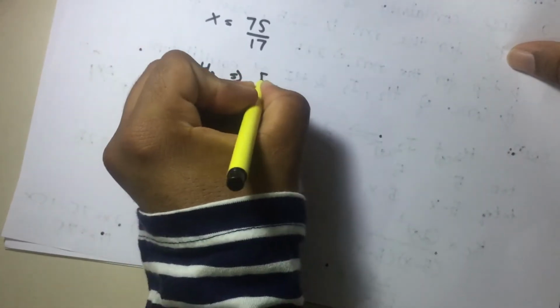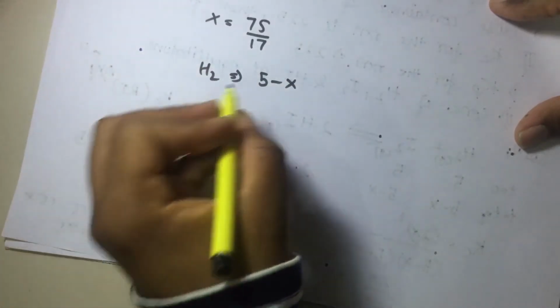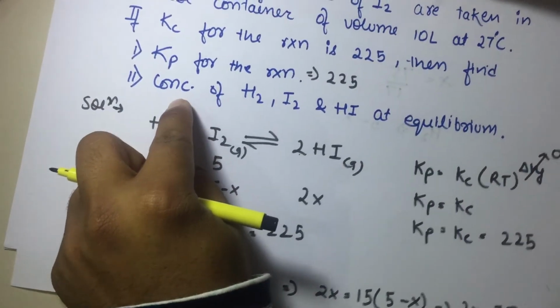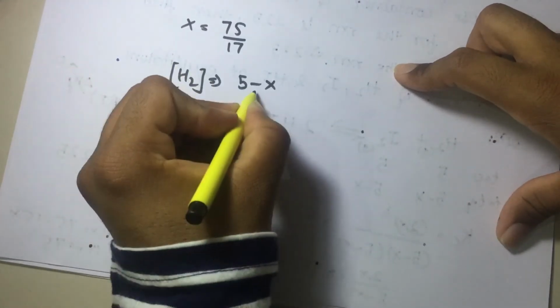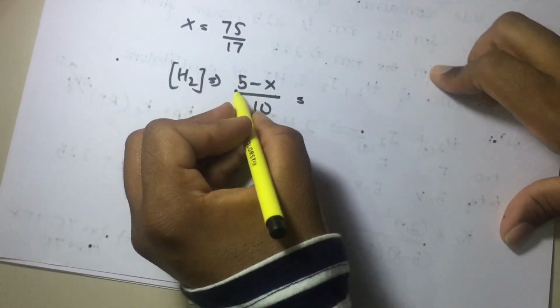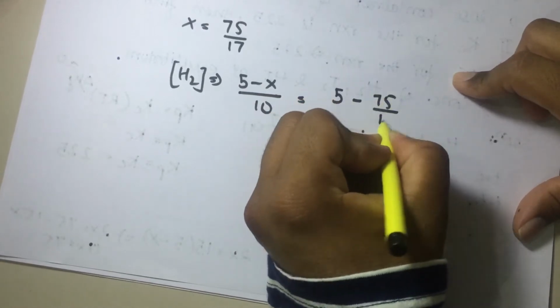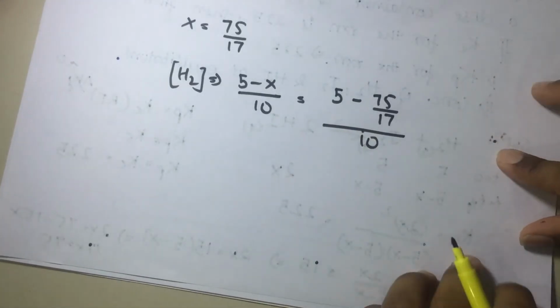H2 is 5 minus x. These are the moles of H2. But in the question they ask for the concentration, so we have to divide by volume also. Volume is 10 liter. So the concentration of H2 will become (5 minus x) divided by 10. And what is the value of x? (5 minus 75 by 17) divided by 10. Now we have to solve this.